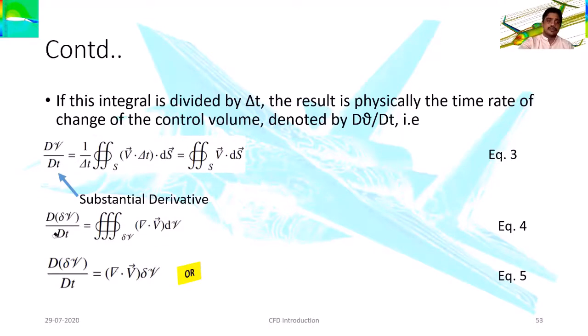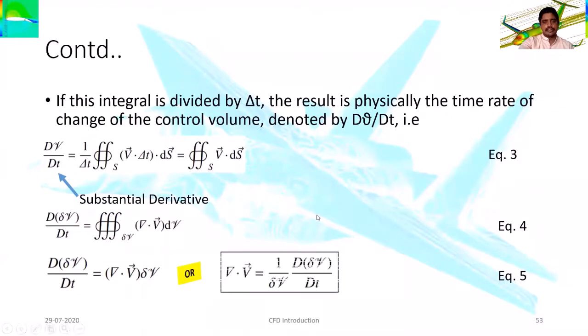So my final resultant equation is d of delta V, that is a small elemental volume, upon the time, which gives my resultant equation as del dot v into delta V, or this equation can even be written as del dot v is equal to 1 by delta V into d of delta V by dt.